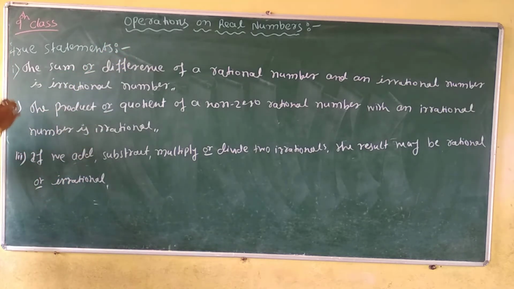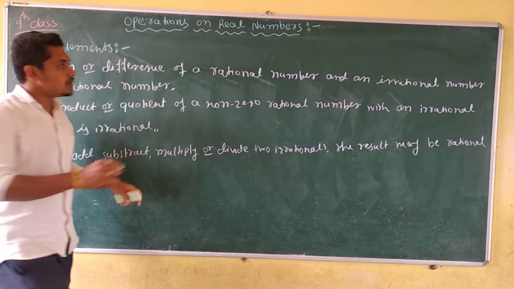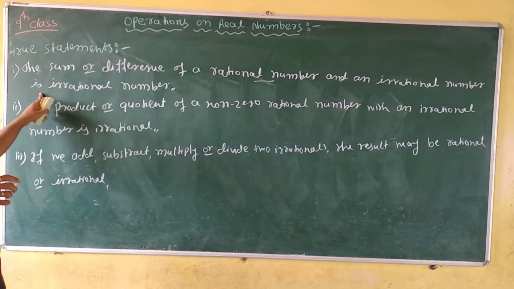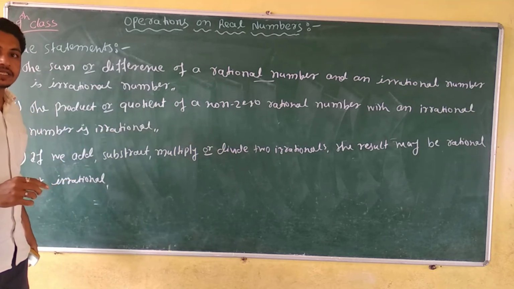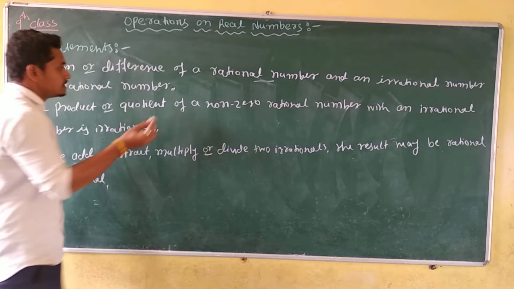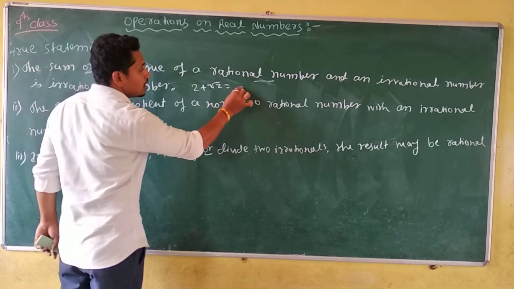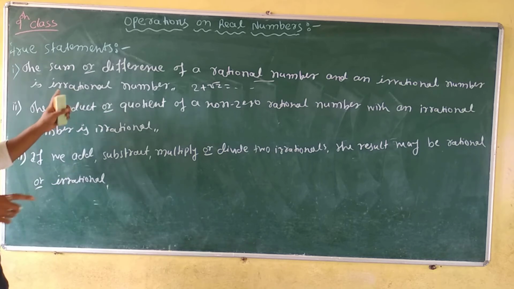The first statement: the sum or difference of a rational number and an irrational number is always an irrational number. For example, 2 plus root 2 gives a non-terminating, non-recurring decimal expansion, which is an irrational number.